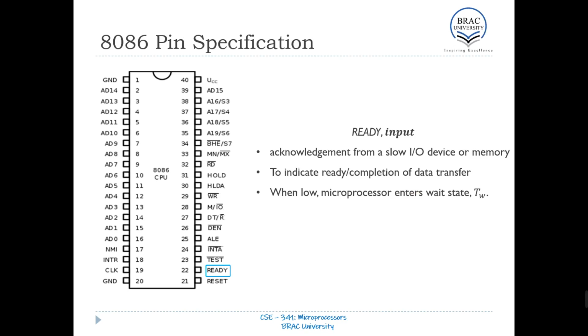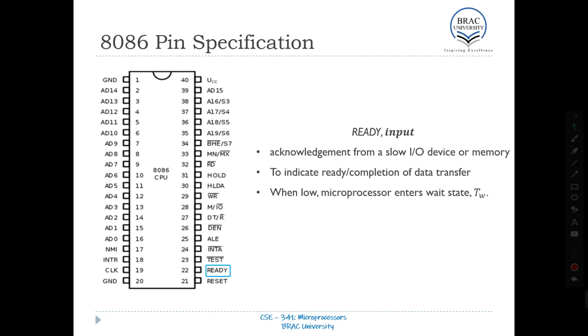The ready pin is an acknowledgement from a slower input-output device or memory device to indicate that the device is ready for data transfer. If, however, the input-output or memory device is not ready, then it sends a low signal to the microprocessor and the microprocessor enters an idle or wait state.